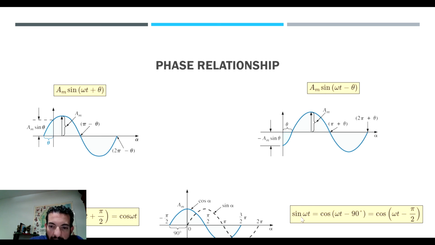Okay. Similarly, sine omega t is the same thing as cosine of the same argument, but minus 90 in degrees, or minus pi over 2 in radians. This is going to be very useful because remember that the derivative of sine is cosine, so you can get the derivative of sine in terms of sine with a shift, which is what we're going to start doing when we learn about circuits.